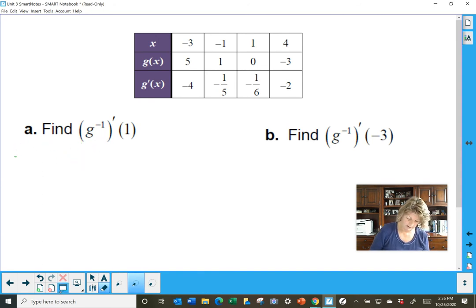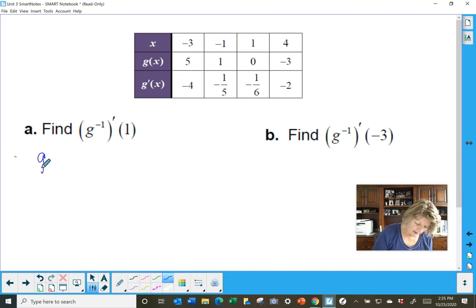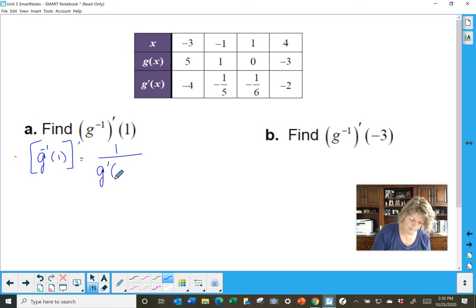This is actually kind of straightforward. The derivative of G inverse of 1 would look like the reciprocal, 1 over G prime of G inverse of 1. To me, the hardest part is establishing that inside function evaluation for G prime.